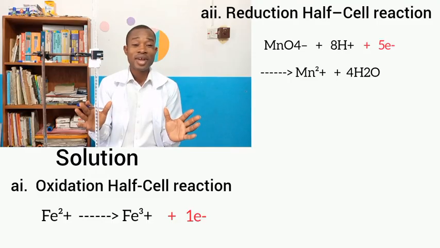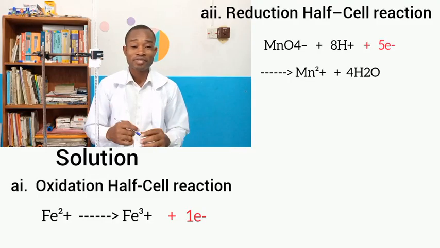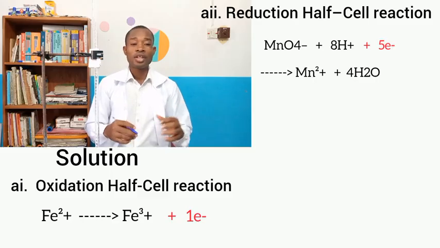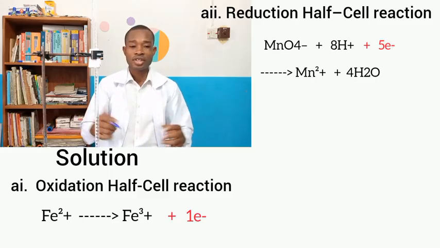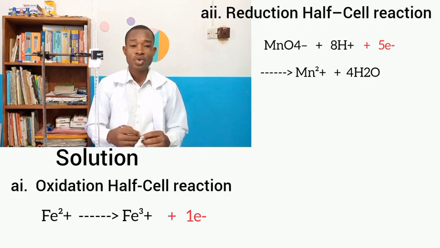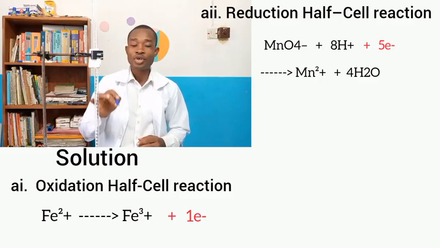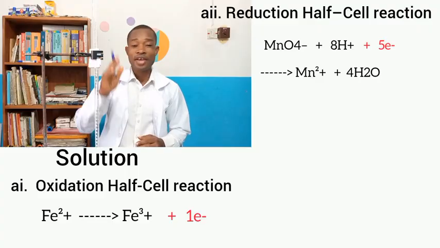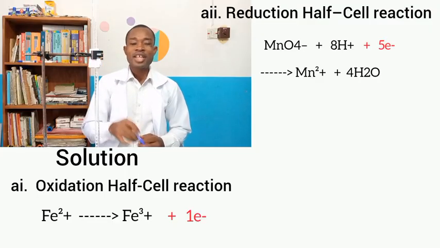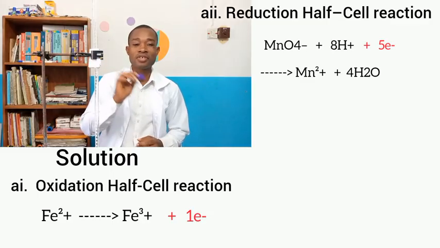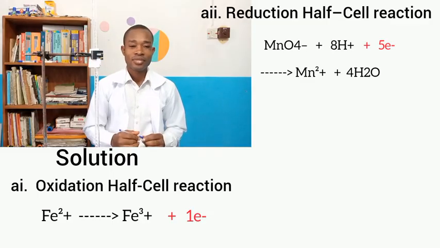On adding the 5 electrons to the reactant side, your problem is solved. So all in all, in the reduction half-cell reaction equation, the balanced reaction equation is now going to be MnO4 minus plus 8 hydrogen ion, then plus 5 electrons, 5e negative.